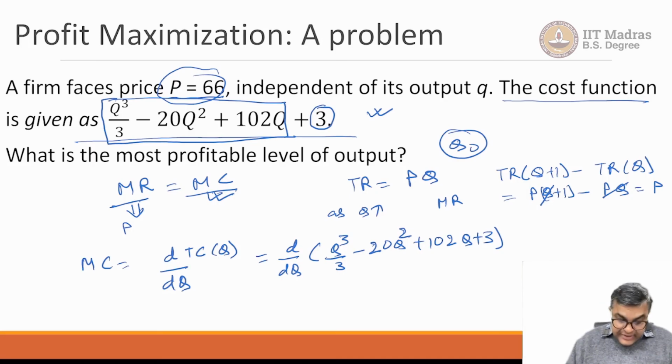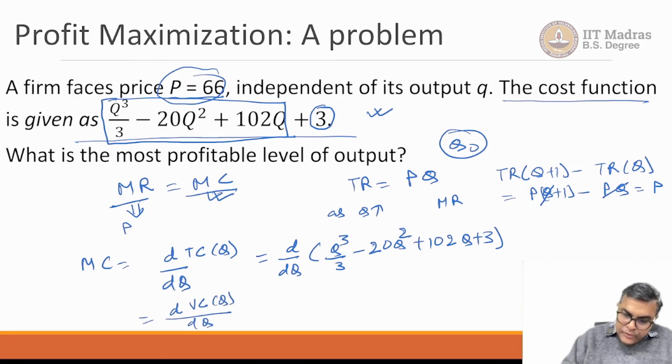Another thing you should understand, and we will come back to this point once again, is that the marginal cost is also equal to the derivative of variable cost. Why?